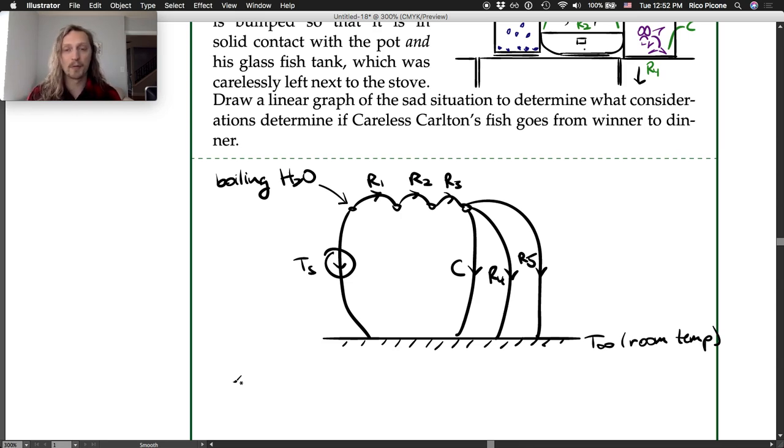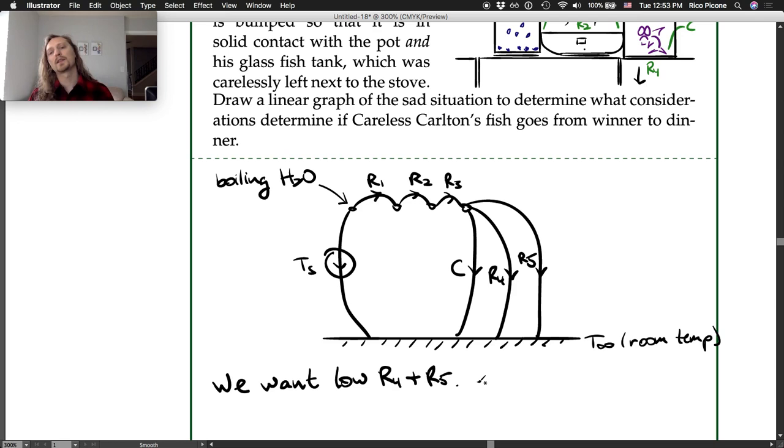So we are going to say that we want low R4 and R5.